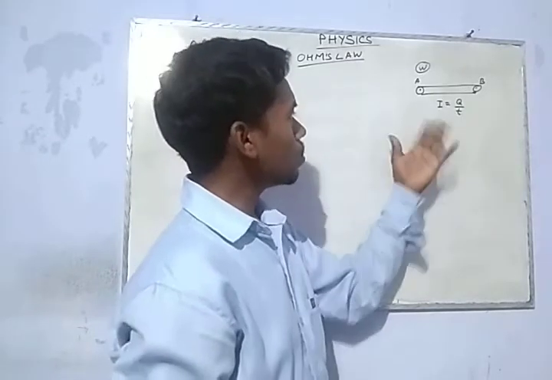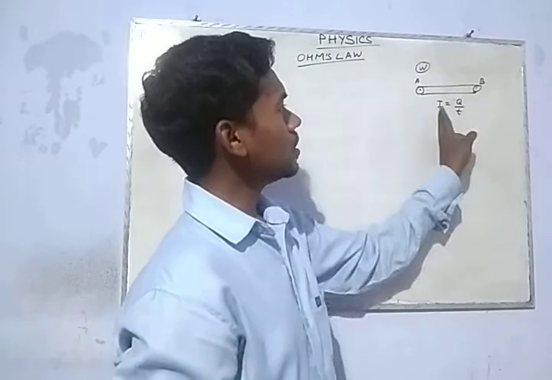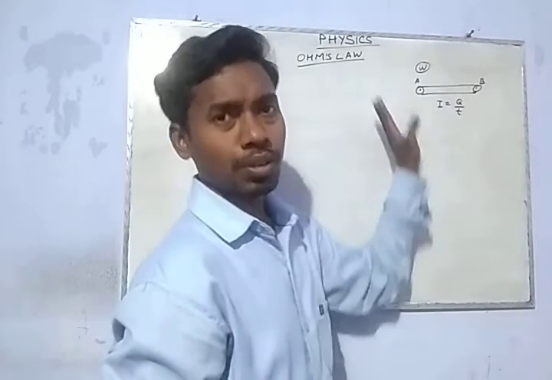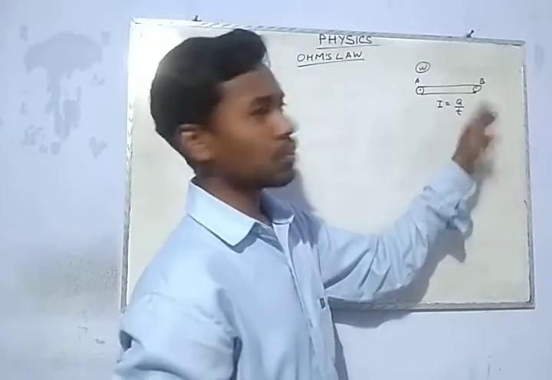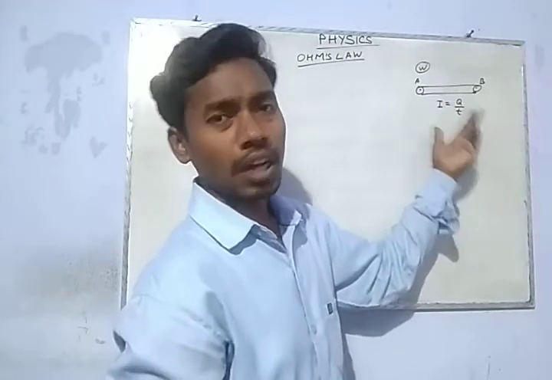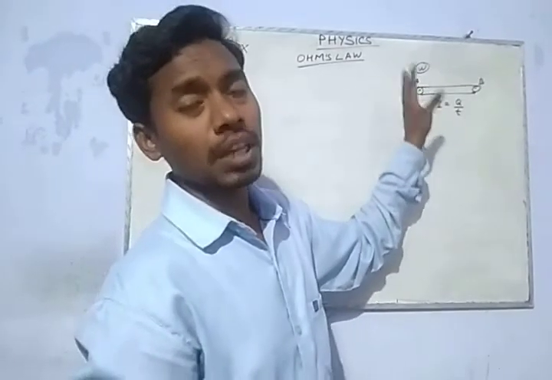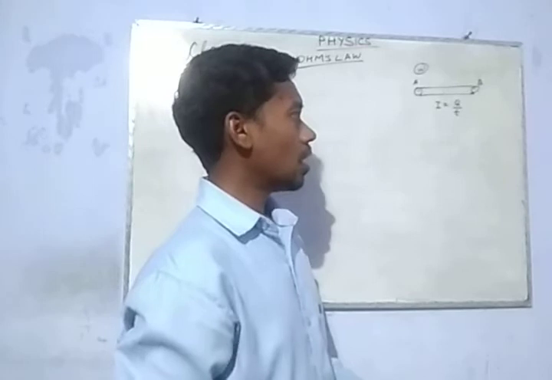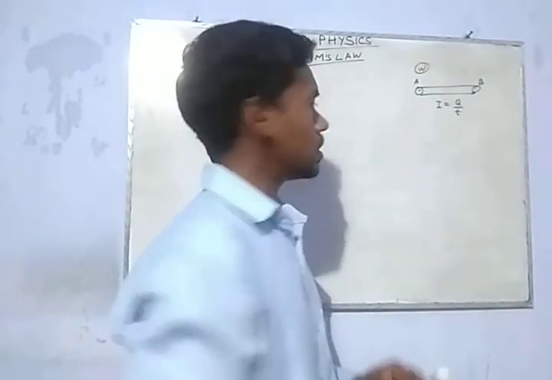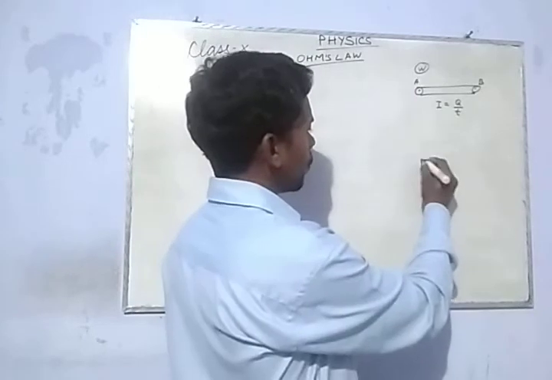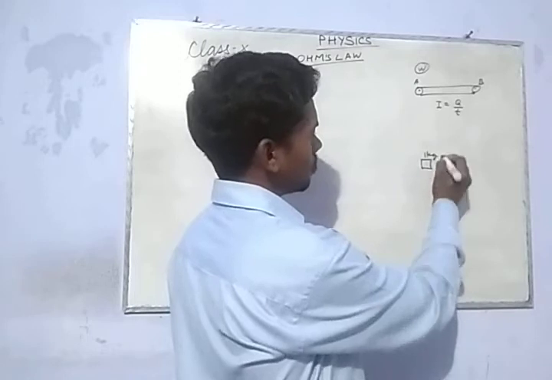So you can understand when the work is done, what happens? The current flows. When the work is done, the current flows, or if the current is flowing, that means the work is being done. So let's consider about work. For instance, we have this box. This box weighs 1 kg.